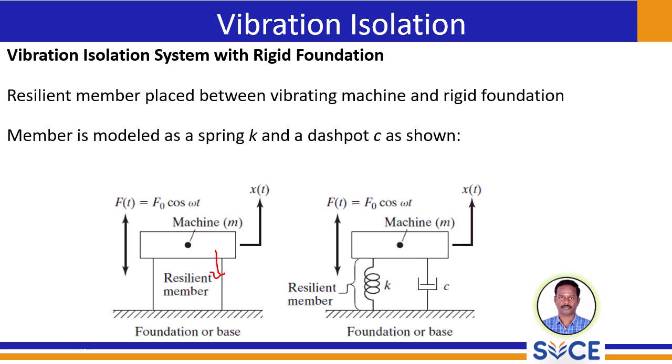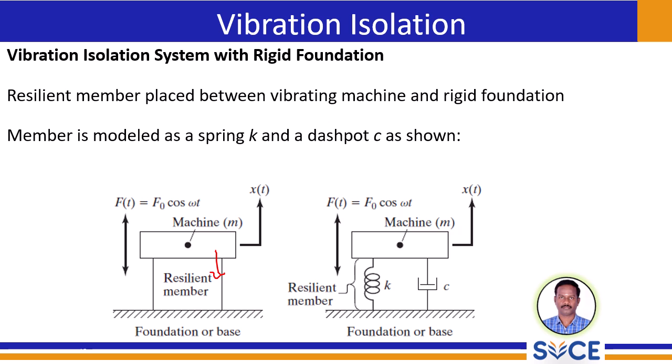Here in this diagram, a more conceptual representation of machine, resilient member and foundation is provided. In both the diagrams, we have a machine with mass M subjected to harmonic force. This represents a common scenario where a machine generates vibration at a particular operating frequency.